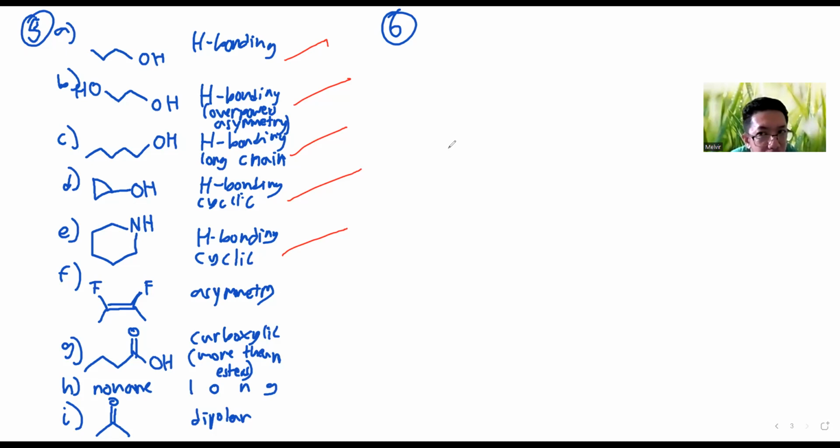So, kung asymmetrical siya, ano naman? Kasi yung isa nakatrans eh. Ano naman? Asymmetrical po yung cis. So, you need to provide a reason why it will have a higher boiling point.